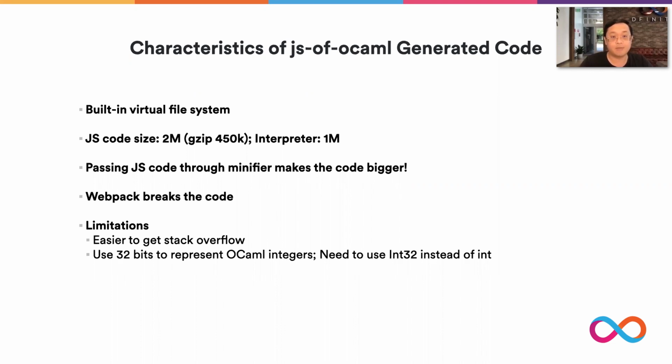Another problem is that because the compilation target is JavaScript, it doesn't have 64-bit integers, so the compiler is targeting a 32-bit target. A minor problem is that you need to be careful in your OCaml code to use int32 instead of int, because int in OCaml is only 31 bits. So there can be some overflow happening there.